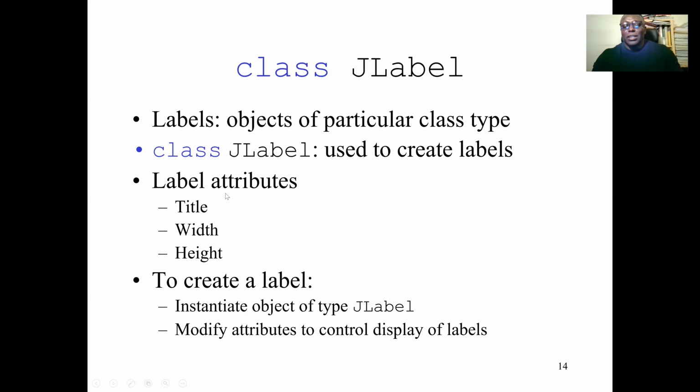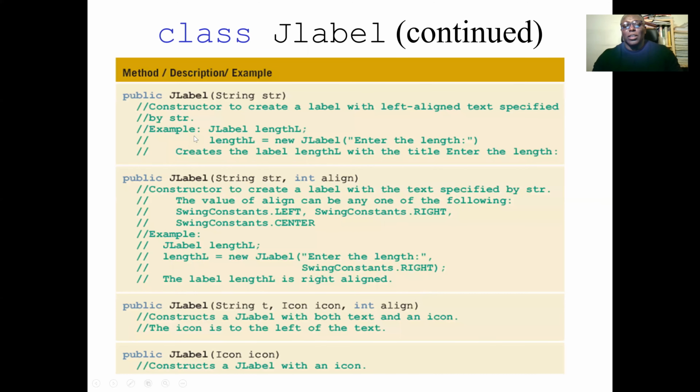We can set the attributes, maybe the label, the title, the width, the height. Now to create a label, as we said, instantiate an object of type JLabel. So we use the JLabel class. Then we can modify the attributes to control the display of the labels. So these are a few of the methods that come with the JLabel class.